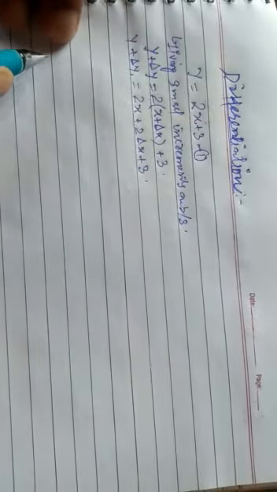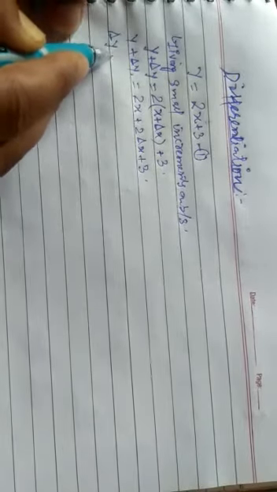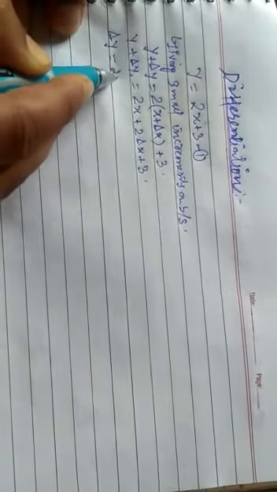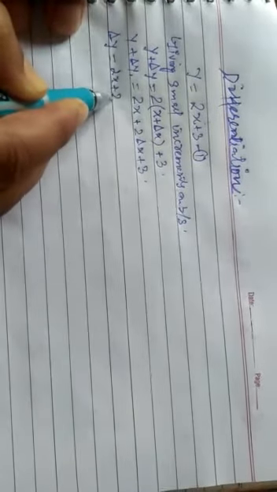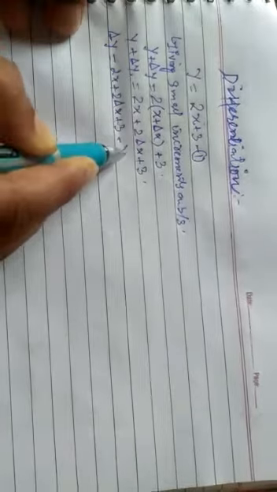It is y plus delta y. Is it so? Now as we have to find the change, delta y, so delta y equals 2x plus 2 delta x plus 3 minus y.